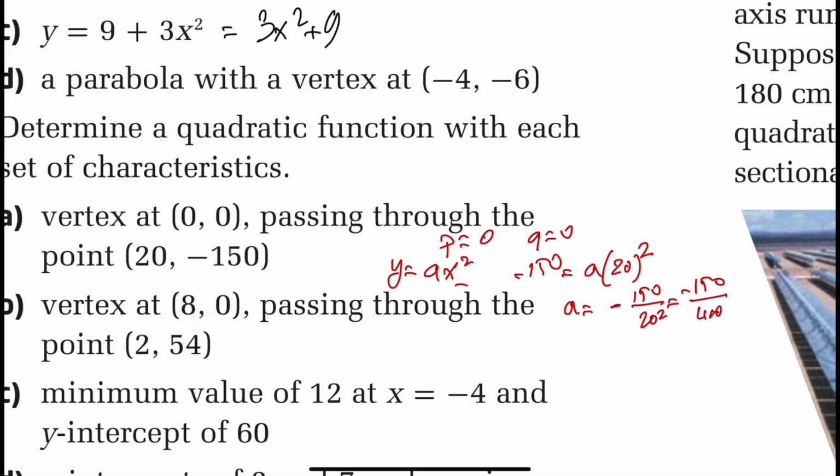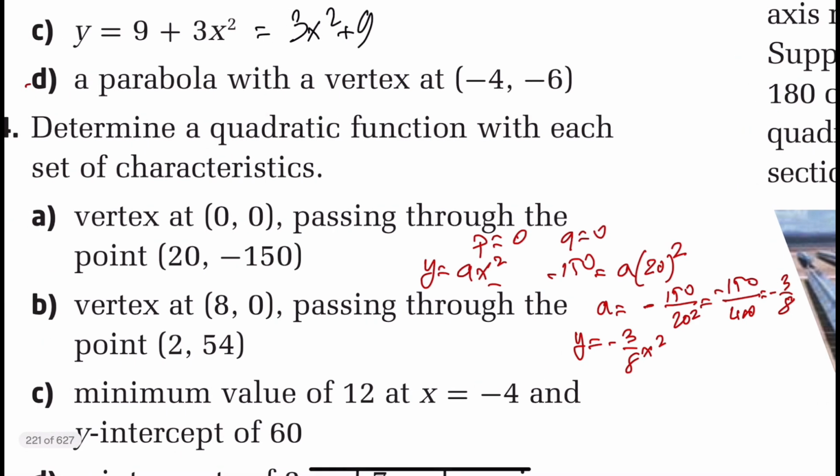If you reduce this, I think you will get minus 3 over 8 or something like that. So my final equation is y is equal to minus 3 over 8 x squared. Okay, this is my final equation.